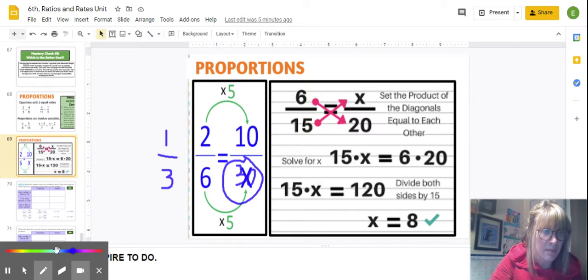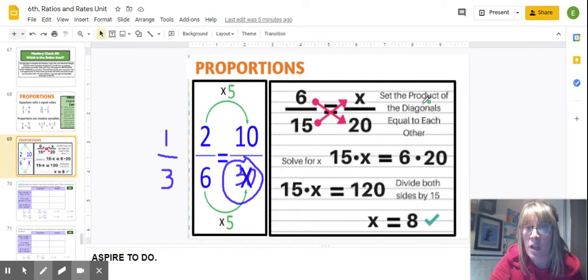So another strategy, let's choose a different color, is you can do what we're calling setting the products of the diagonals equal to each other. So if we're given 6/15, and we're trying to solve this mystery: a mystery amount of 20ths is proportional. What do I do?